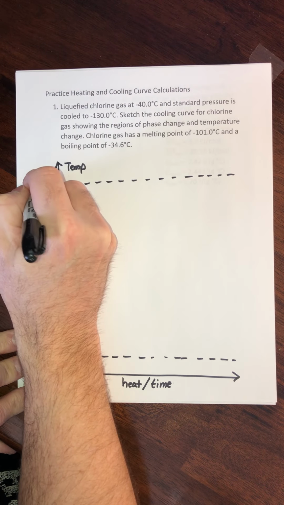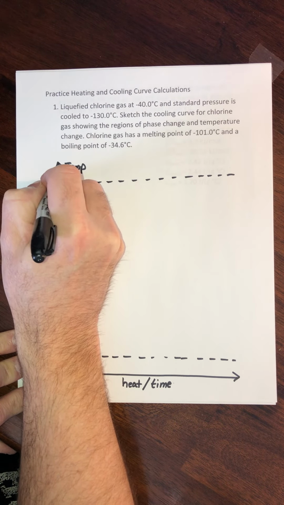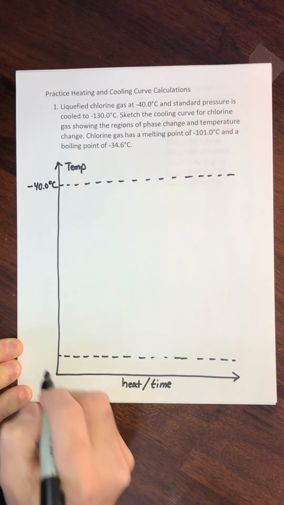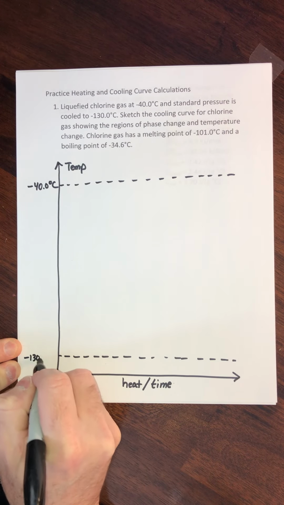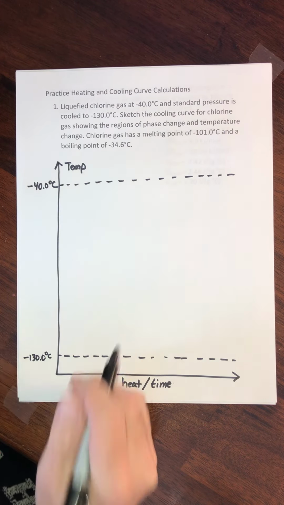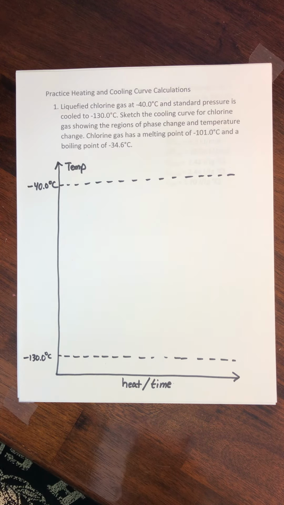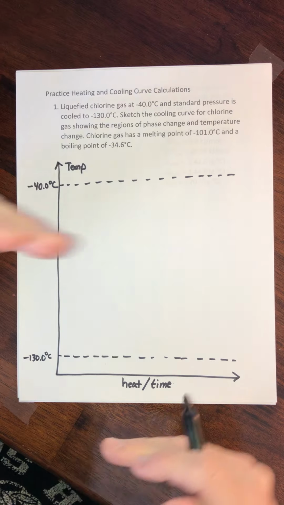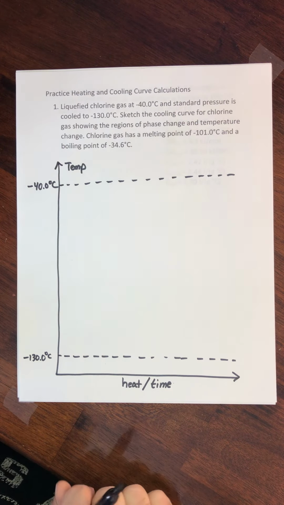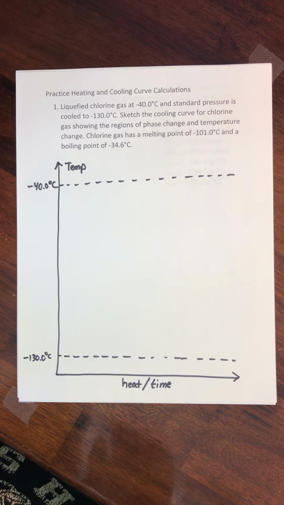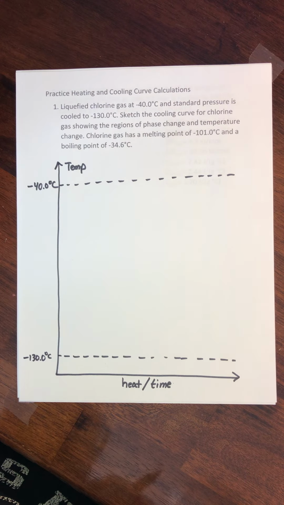So it is going to start at minus 40 degrees Celsius, and it is going to cool down to minus 130 degrees Celsius. So first step, figure out your highest temperature and your lowest temperature, put them at the top and bottom of your graph. Your second step is going to be putting in melting and boiling points.